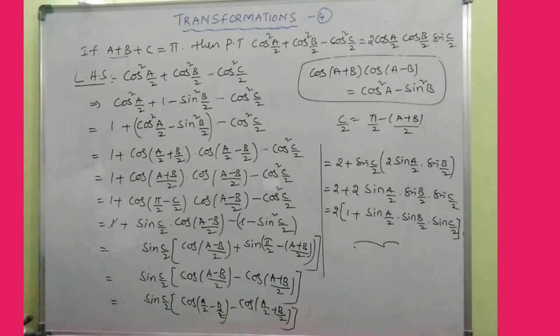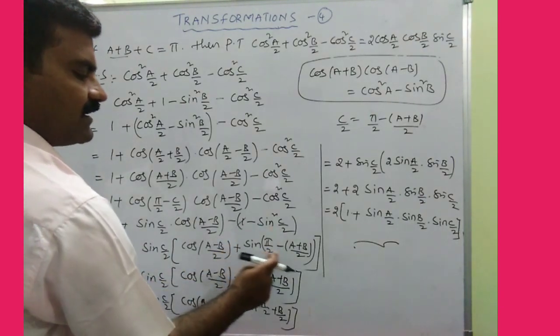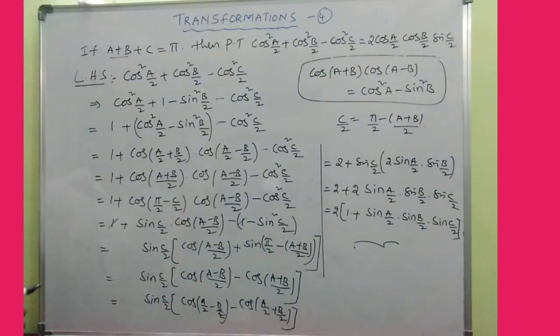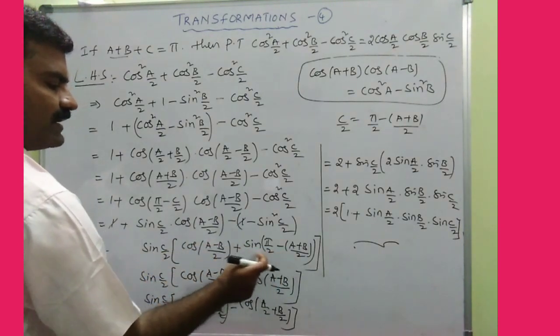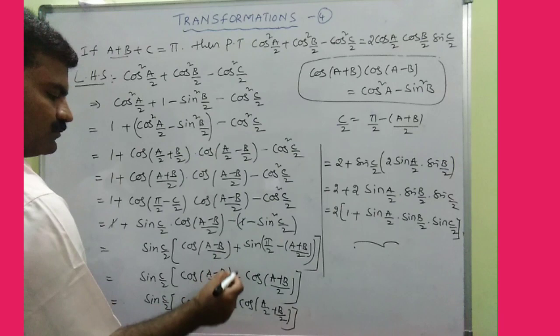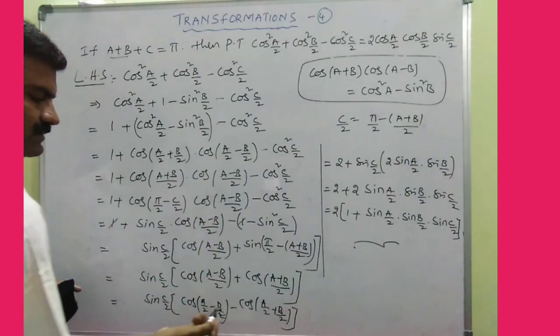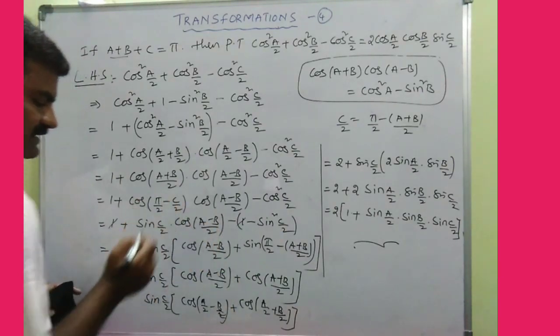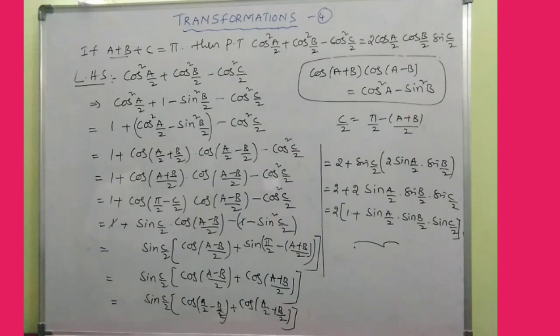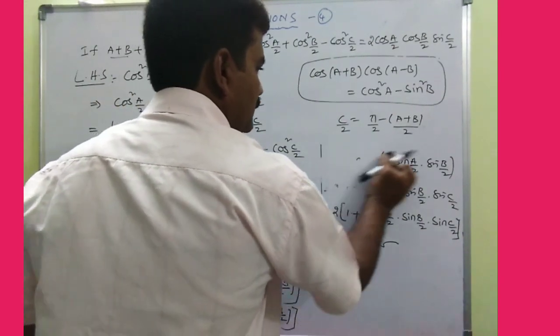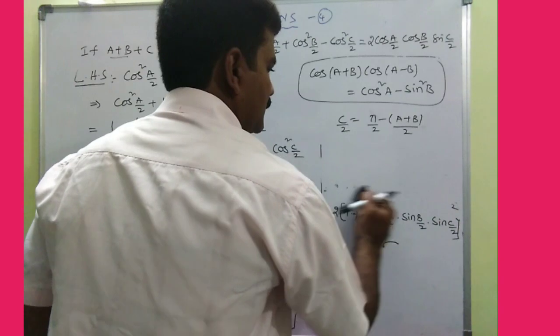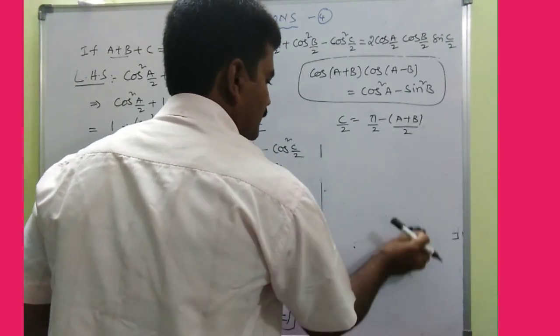Now once again C by 2 we can write as 90 minus of A plus B by 2. So clearly, sine of 90 minus theta is cos theta. Moreover there is a sine plus, and this is also plus. Now what is that? Cos of A plus B plus cos of A minus B. What is the formula?